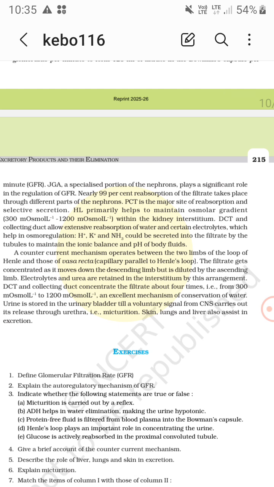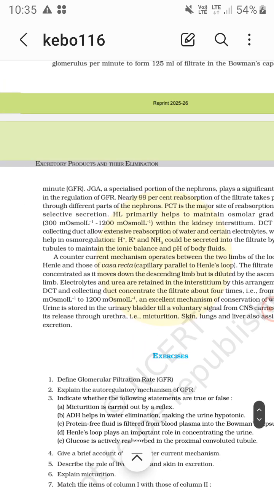The DCT and collecting duct allow extensive reabsorption of water and certain electrolytes.